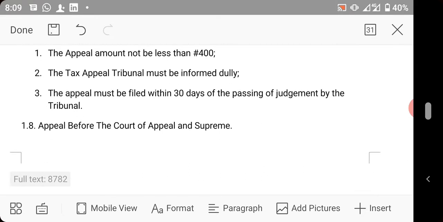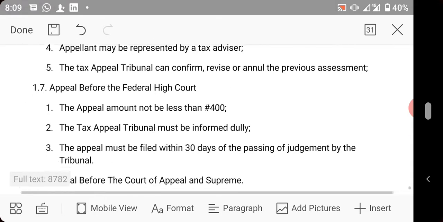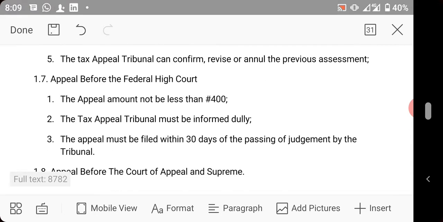Where the appellant is aggrieved by the judgment passed by the tax appeal commissioners, he has the right to move forward and file an appeal at a federal high court. And there are conditions that you must meet before you can file an appeal in a federal high court. The first condition is that the appeal amount must not be less than 400 naira.